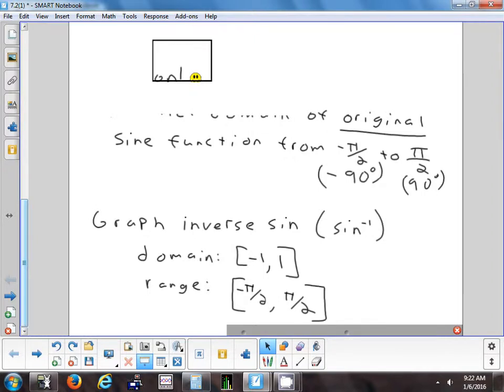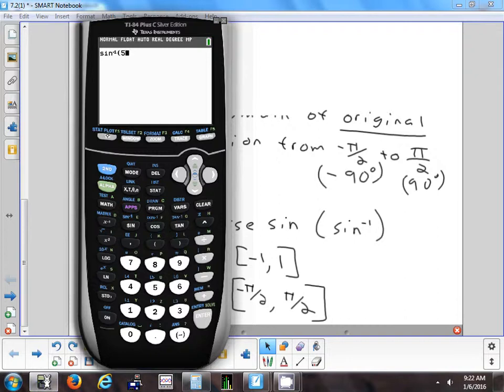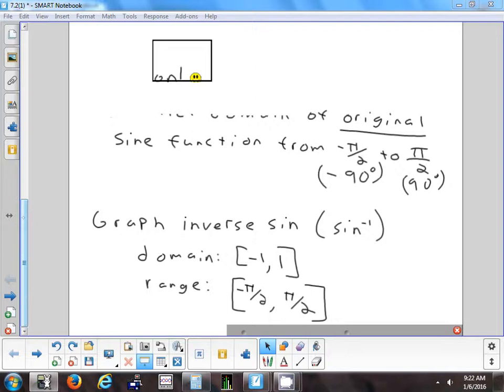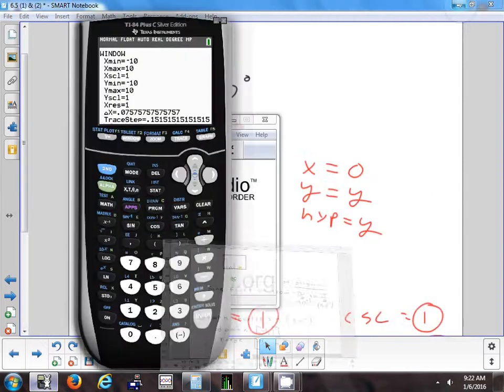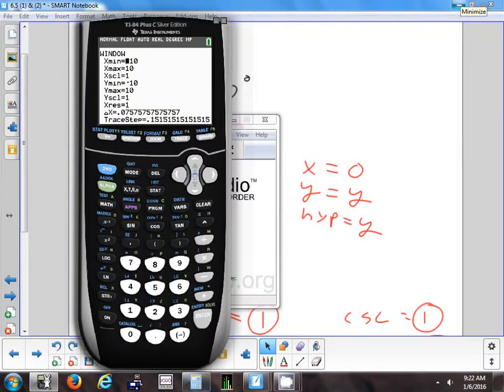All right, so if you want to see a picture of what inverse sine looks like, I'm in degrees, so I have to adjust this a little bit. For my domain, I'll go negative 2 to 2, just so it's not right on the edge of the screen. And for my range, what did we say, negative 90 to 90?